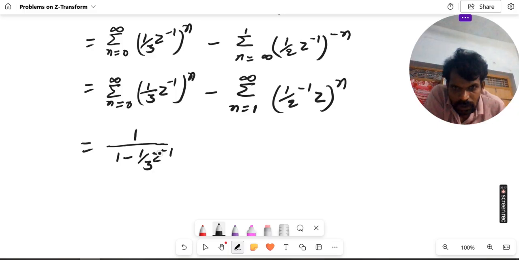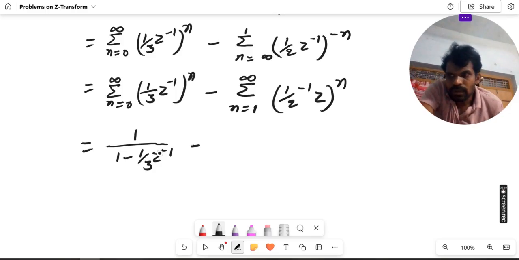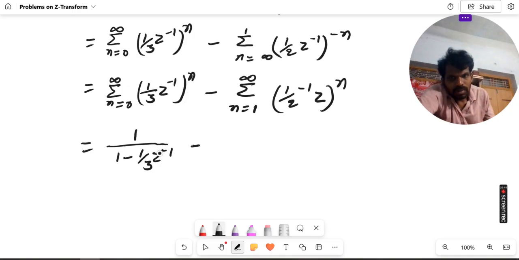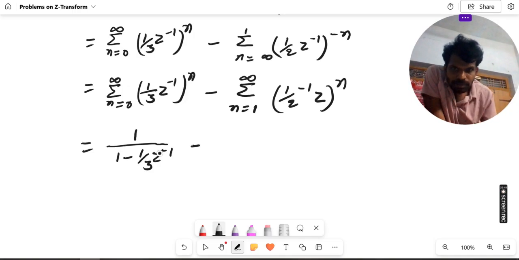Likewise, here what we have is minus of minus, minus of minus plus. Why? Because this part looks like the previous example.